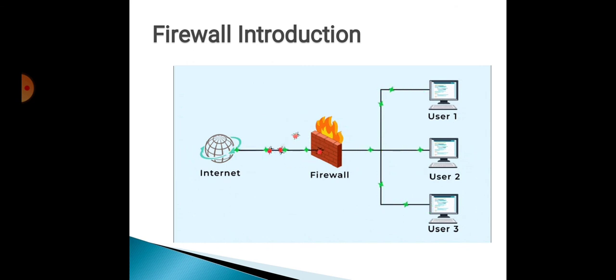The term firewall comes from the fact that it segments a network into different physical subnetworks. They limit the damage that could spread from one subnet to another, just like fire doors or firewalls.